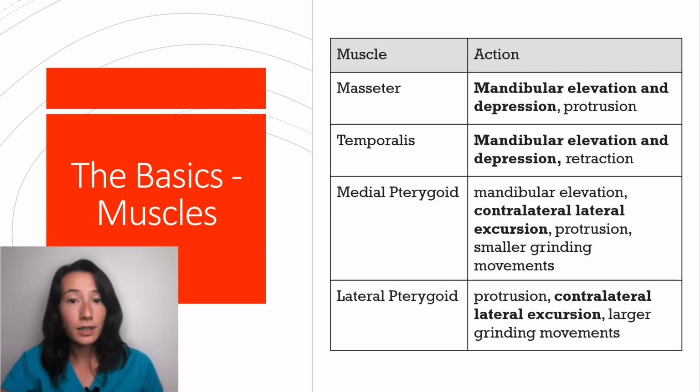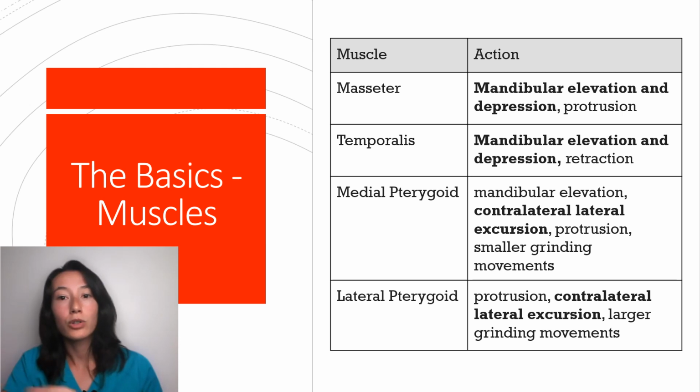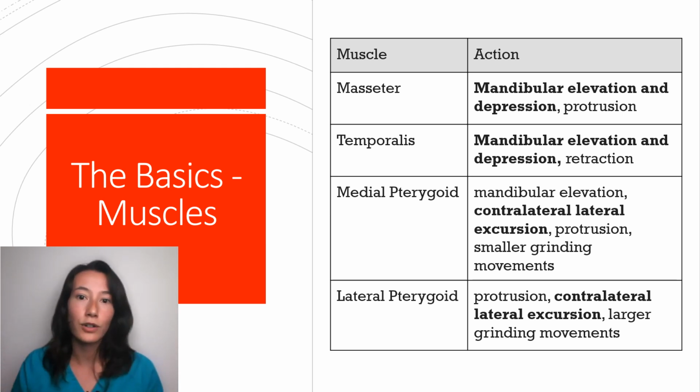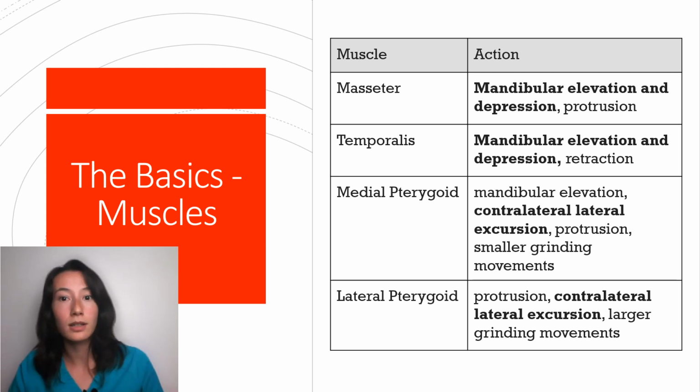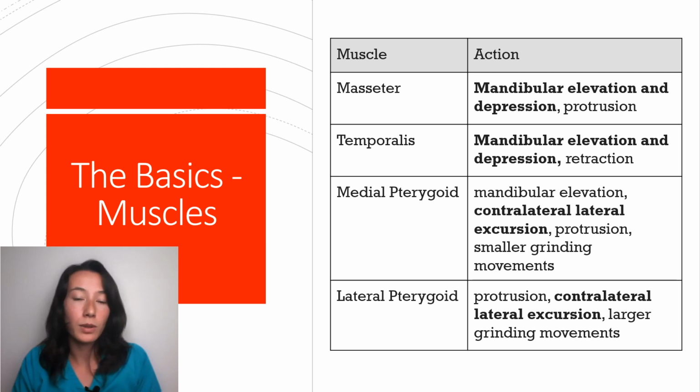Now, if you don't have the brain space to memorize each function of all the muscles, the ones on this slide, the bolded ones, are a good starting place. Just like how the tricep muscle is more universally known to be an elbow extensor versus both of its duties, it's both an elbow and shoulder extensor, kind of the same thing goes with the pterygoid muscles.